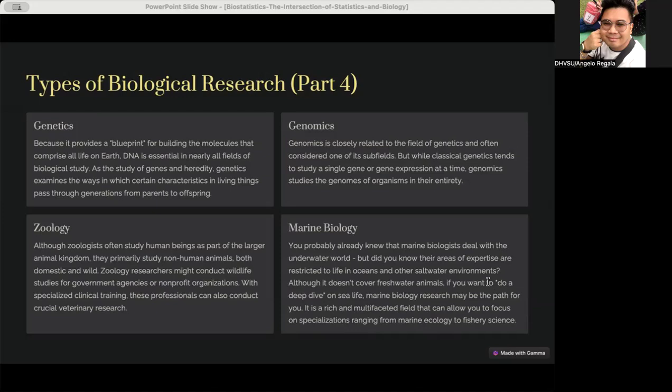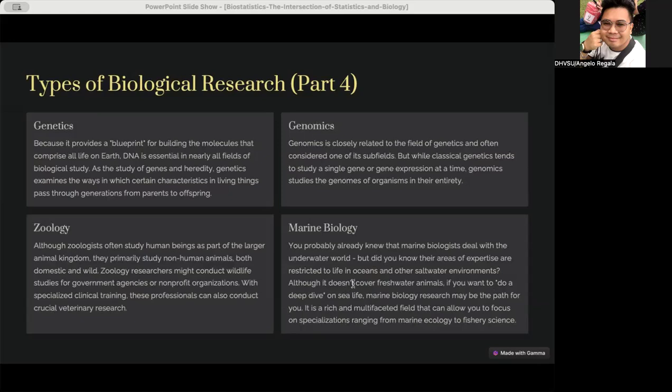We examine the different ways in which certain characteristics in living things pass through generations from parents to offspring. How does a particular trait get passed from parent to offspring, or from one generation to the other?